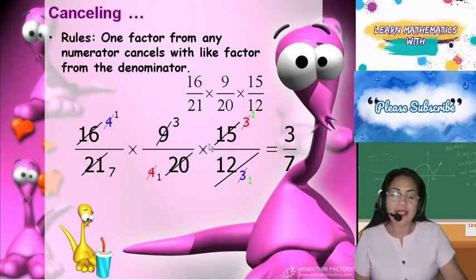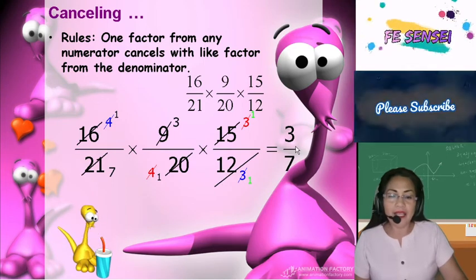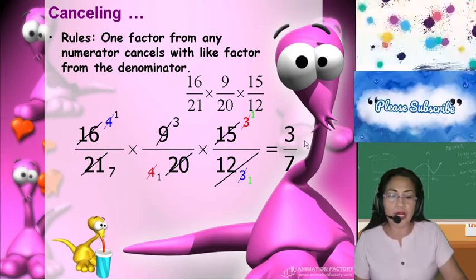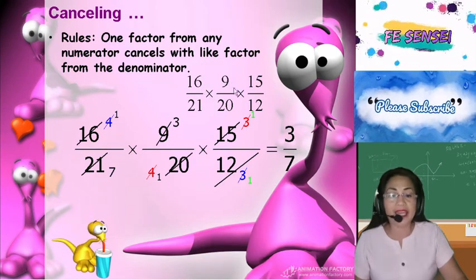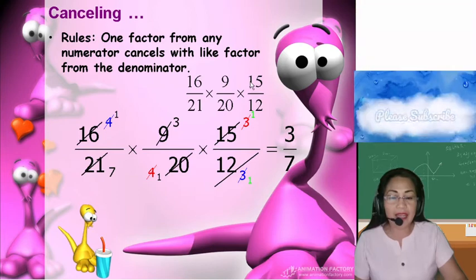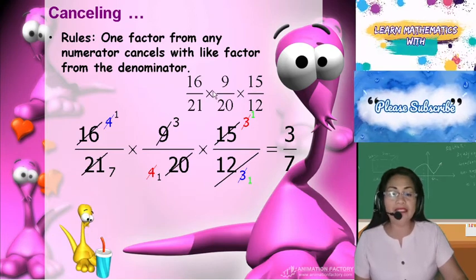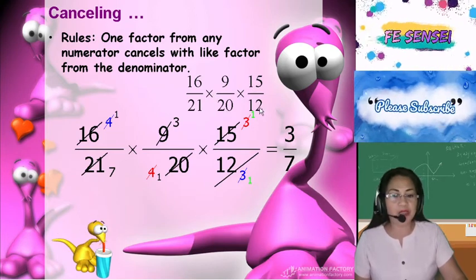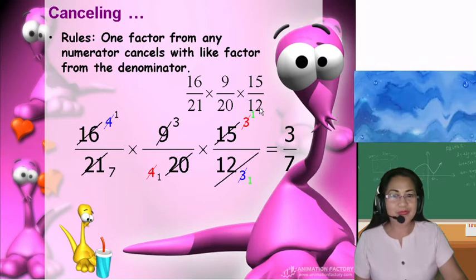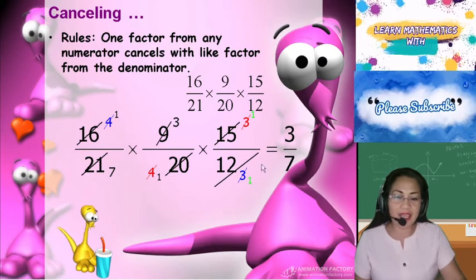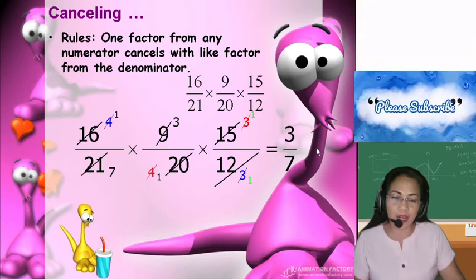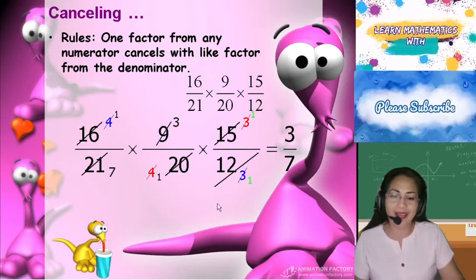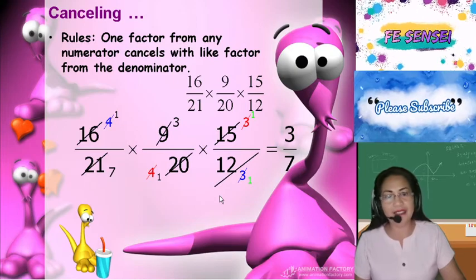So this is simpler than multiplying 16 times 9 times 15 and 21 times 20 times 12. It is simpler, easier for us to answer using the canceling method.